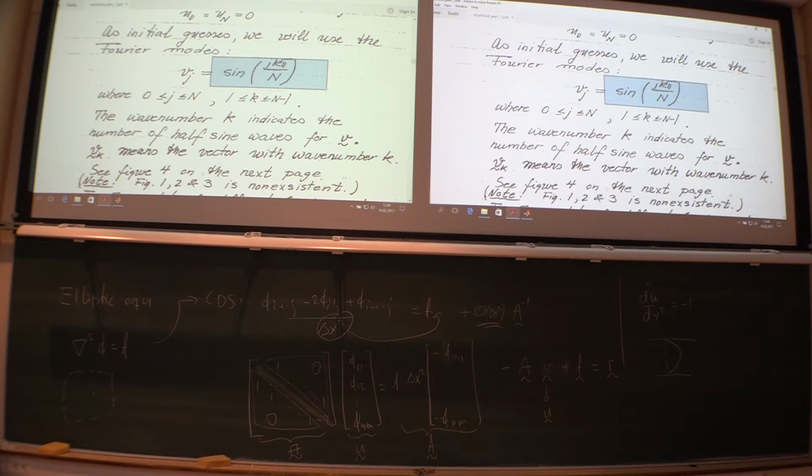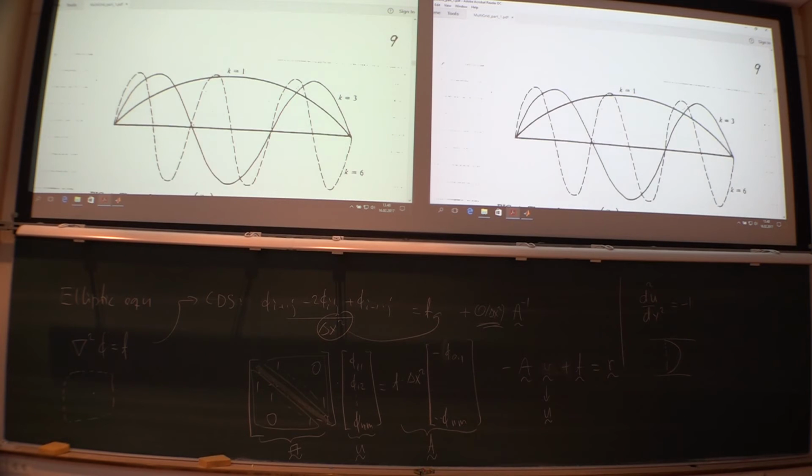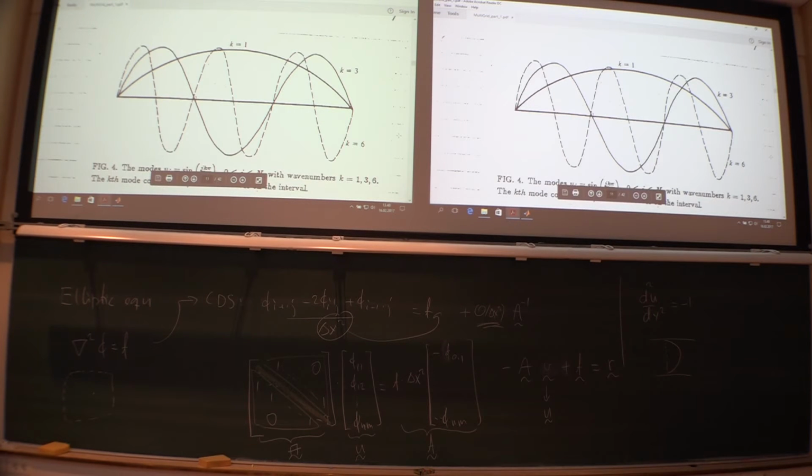So it will be limited with the highest frequency here, of course. So k equals 1, you will have 1/2 sine wave of the entire domain, and here k3 or k6, and so you can continue. The higher k, the higher frequency.